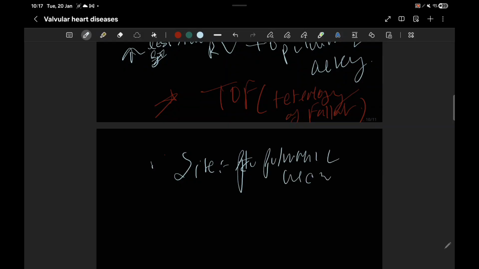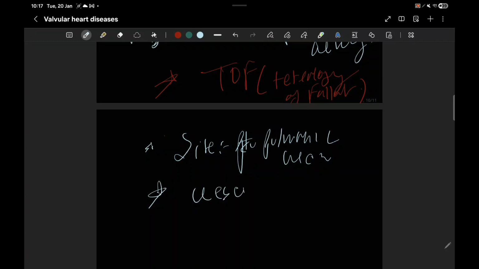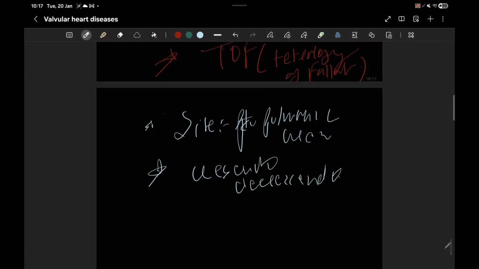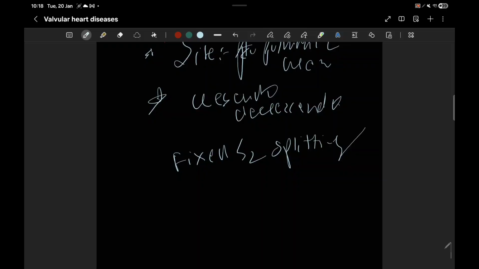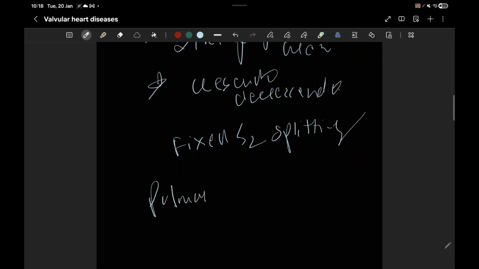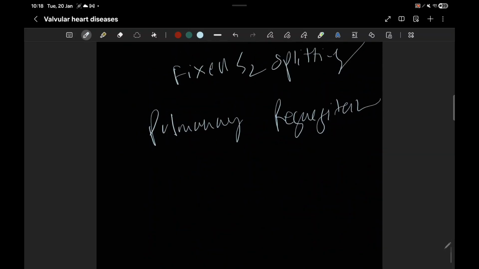Here also you can see a crescendo, decrescendo pattern of the murmur. Now what are the extra features? You will hear a fixed S2 splitting sound. Next one, pulmonary regurgitation. What happens here?